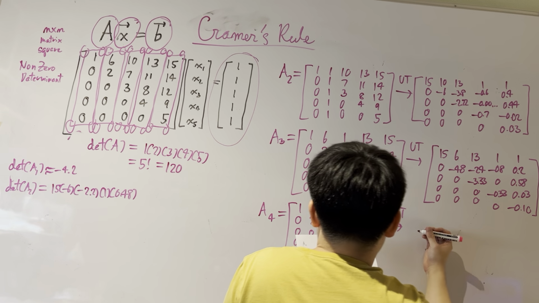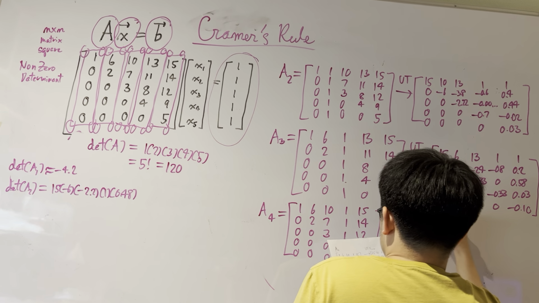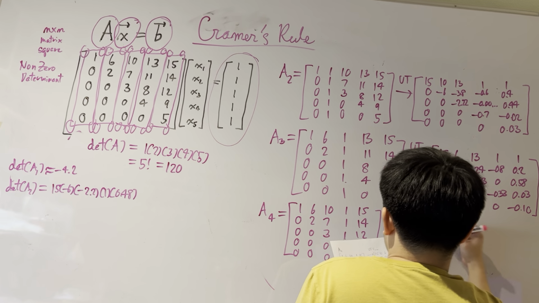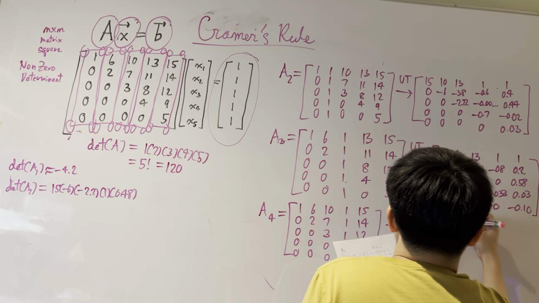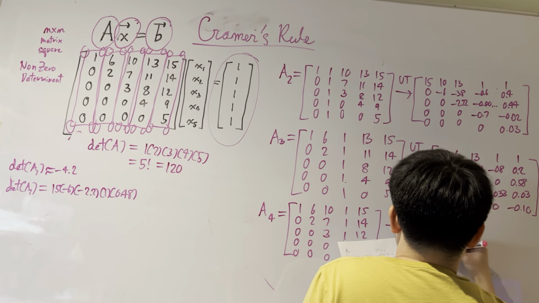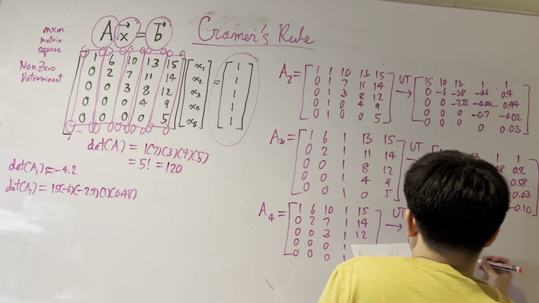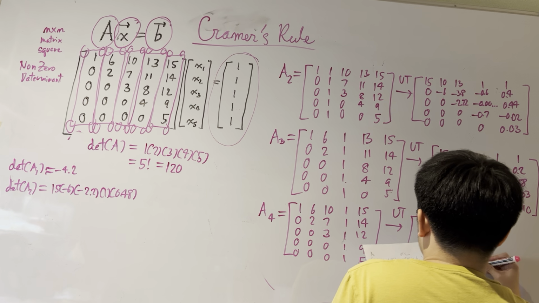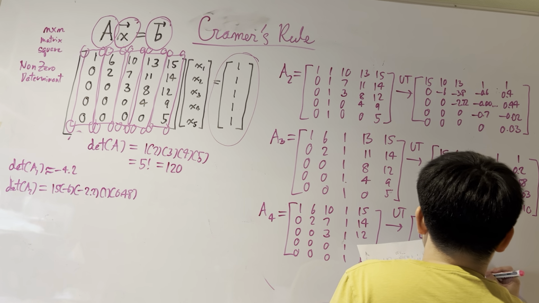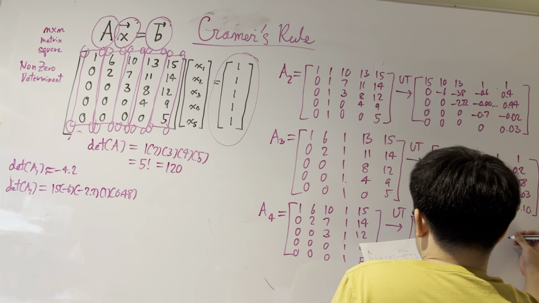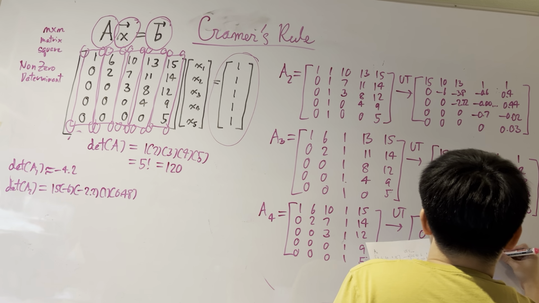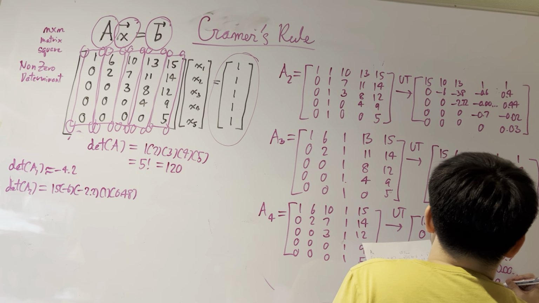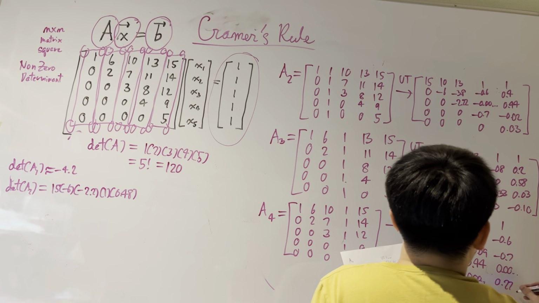So upper triangular becomes 15, 0, 0, 0, 0, 10, minus 6, 0, 0, 0, 6, minus 3.6, minus 2.2, 0, 0, 1, 0.4, negative 0.09, 0.44, negative 0.00, 1, negative 0.6, negative 0.7, 0.00, 0.27.